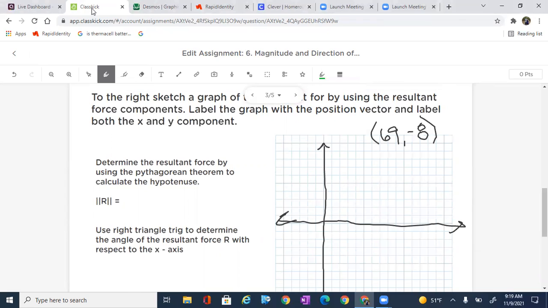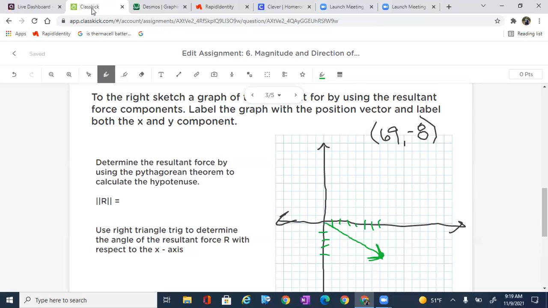And we're going to go out 69. So let's go 10, 20, 30, 40, 50, 60, 70. So it's right around there. And maybe we'll just drop down a little bit. 2, 4, 6, 8. I know that scale is not great, but we'll go here. And I'm going to draw that out to that point.